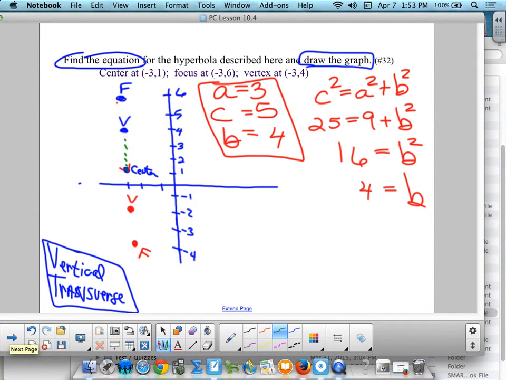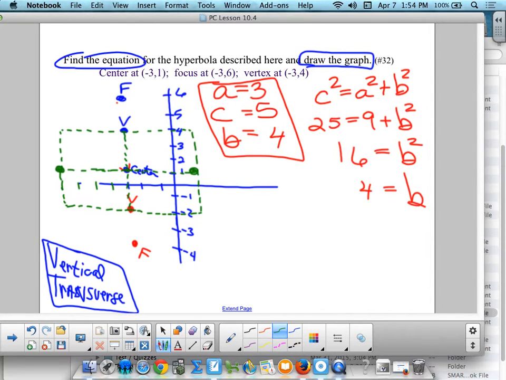You got to go up A and down A. From the center, you got to go right and left 4. This is the conjugate. On the conjugate, you would go right 4, left 4. You would make a box like this. Right? There's your box.